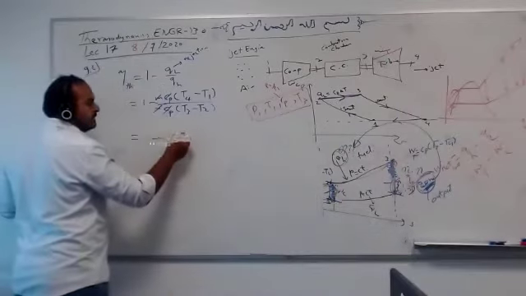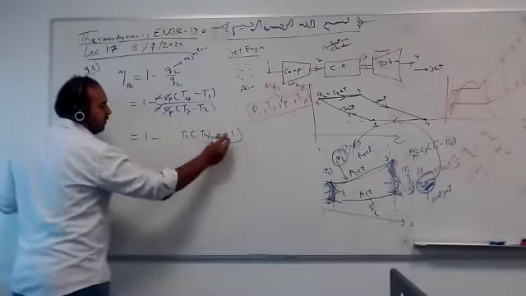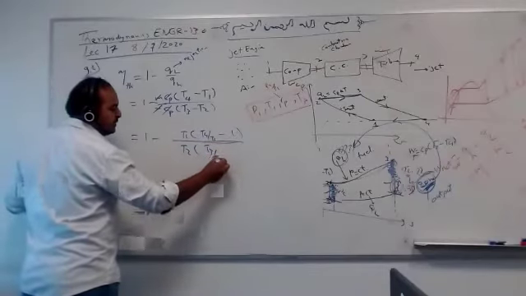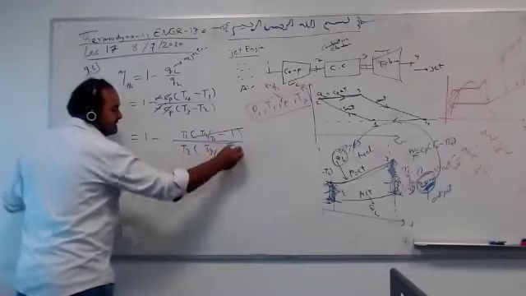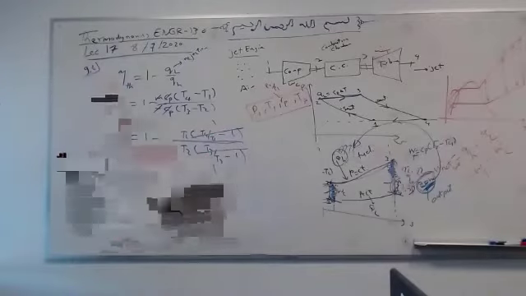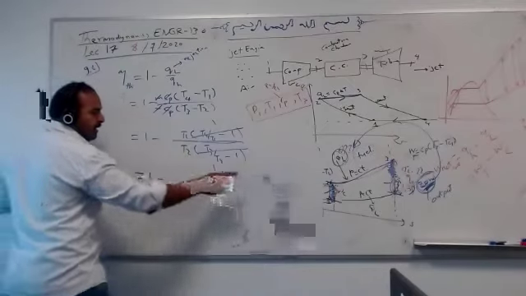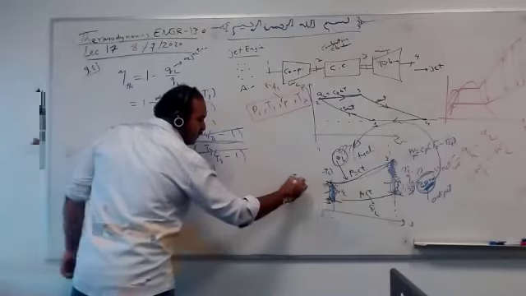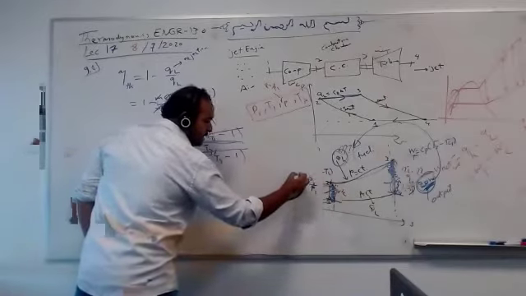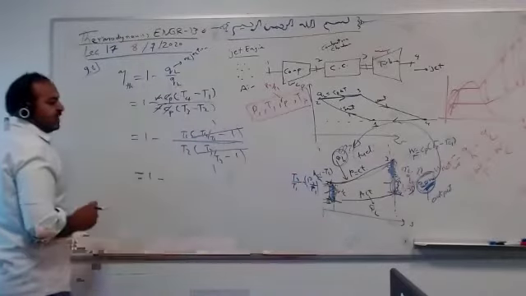So it's 1 minus T1 times (T4 over T1 minus 1) over T2 times (T3 over T2 minus 1). You will find this equal to this from isentropic relations and pressure equals. And this guy, T2 over T1, is P2 over P1 to the power K minus 1 over K, which is RP.